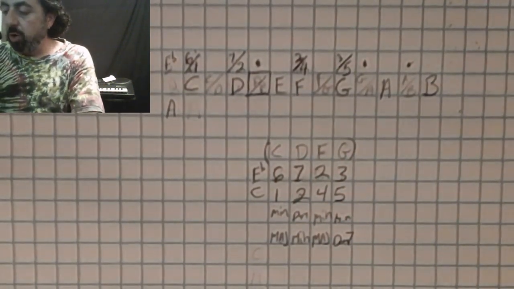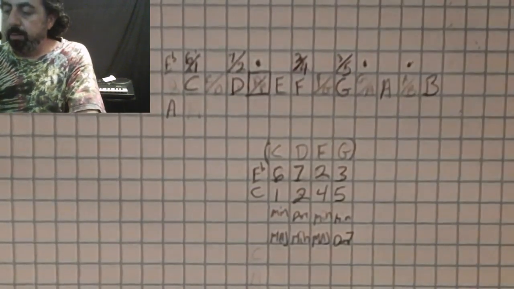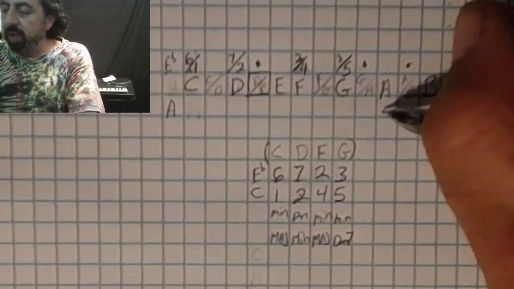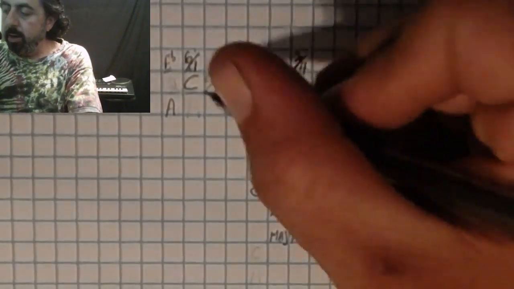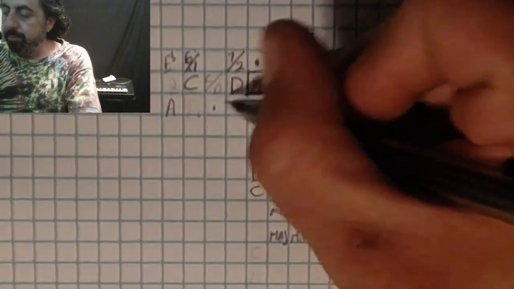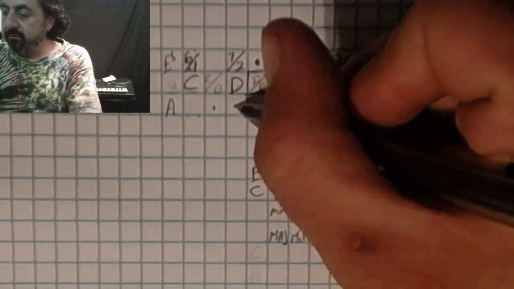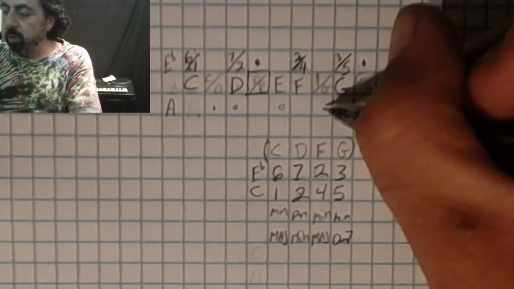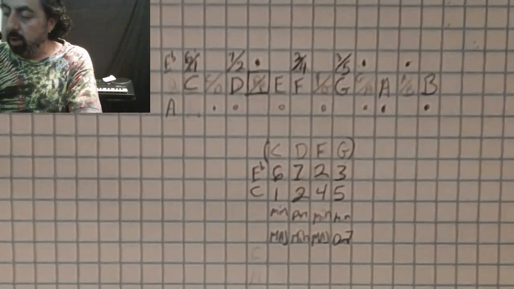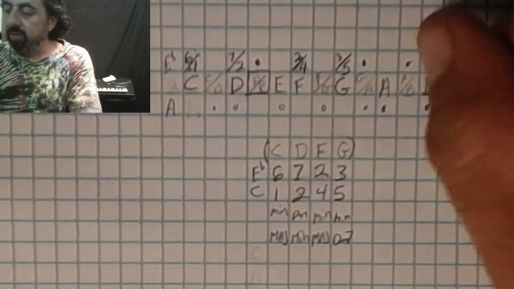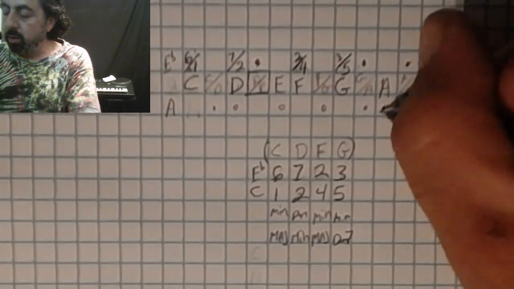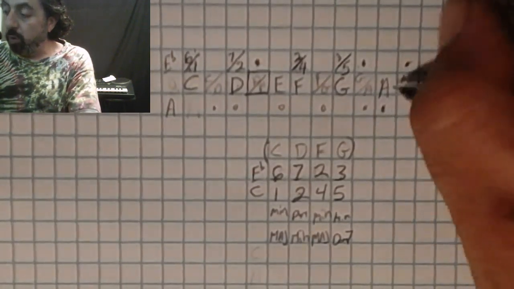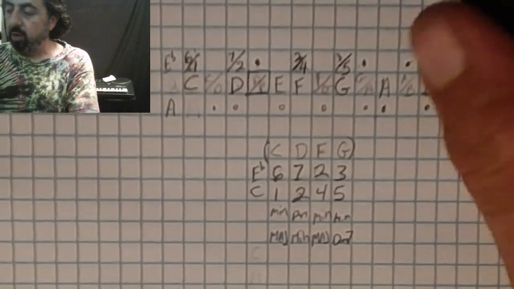Yeah. So let's try A. Starting with A, we have the 1. There's the do, re, mi, fa, so, la, ti, do. Now let's line up the ones that are correlating. We should find 4 notes that correlate, and here they are.